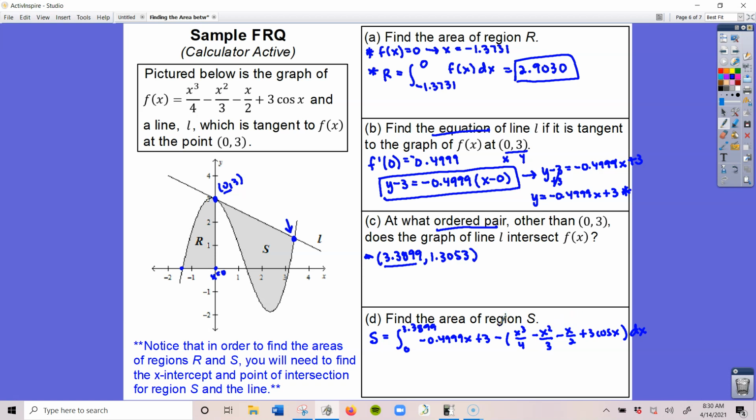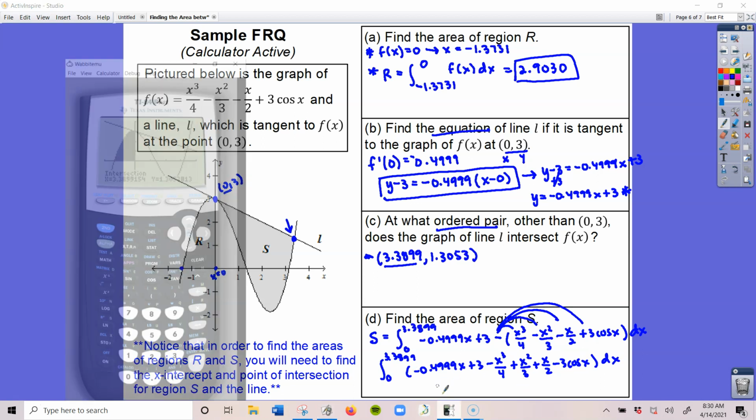We just have to be able to put this into the calculator. So I'm just going to at least distribute the negative. So this is going to be the integral of 0 to 3.3899 of negative 0.4999x plus 3 minus x to the third over 4 plus x squared over 3 plus x over 2 minus 3 cosine x dx. So I'm going to put this into the calculator now.